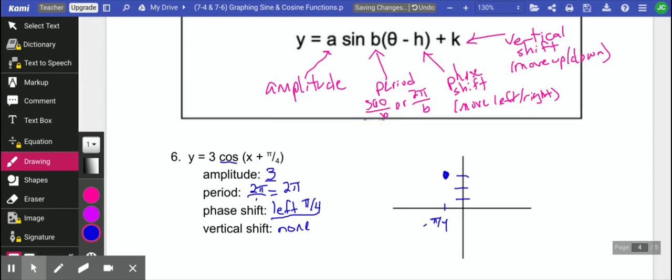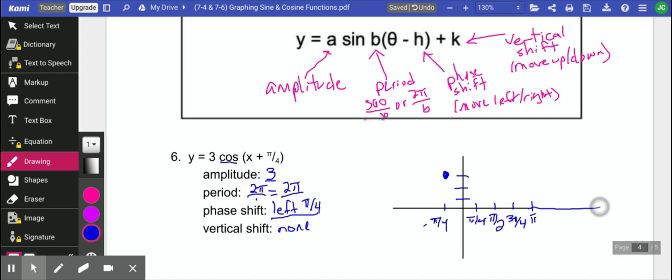Now, normally we would get through our period in 2 pi, but that has also been shifted left. Since we're in pi over 4, I'm going to use pi over 4 for our increments. So pi over 4, and then 2 pi over 4, which reduces, and then 3 pi over 4, 4 pi over 4.